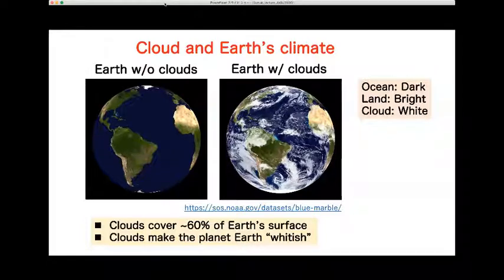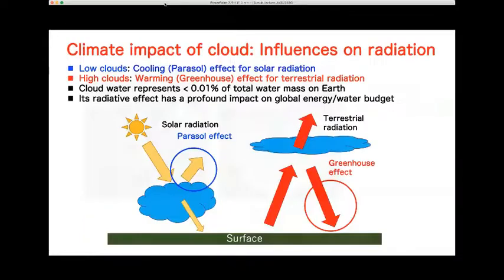And that kind of problem of the cloud impact on climate is very well described by their radiative impact. That means the clouds' impact on the radiative energy flow in our atmosphere, coming from the sun and coming from our Earth. And there are basically two impacts that clouds have on the radiation.